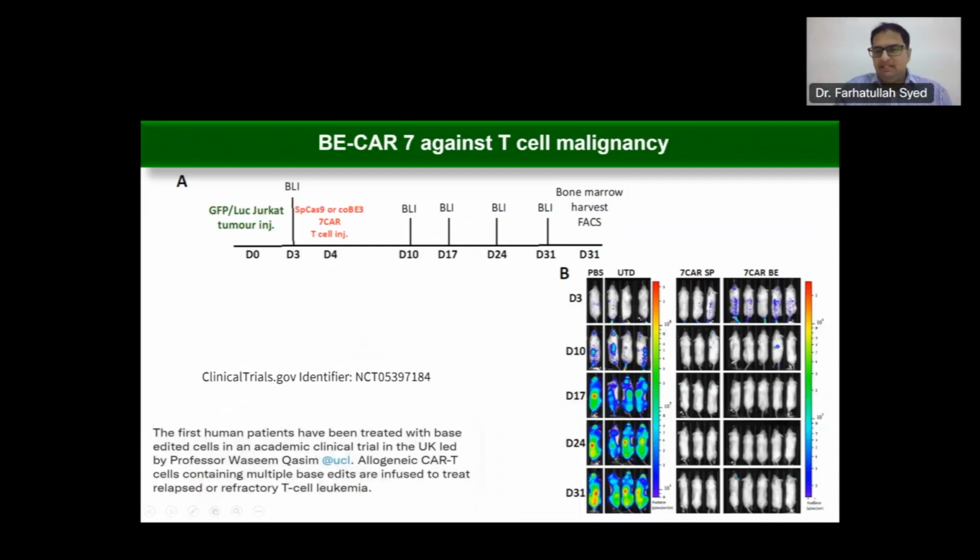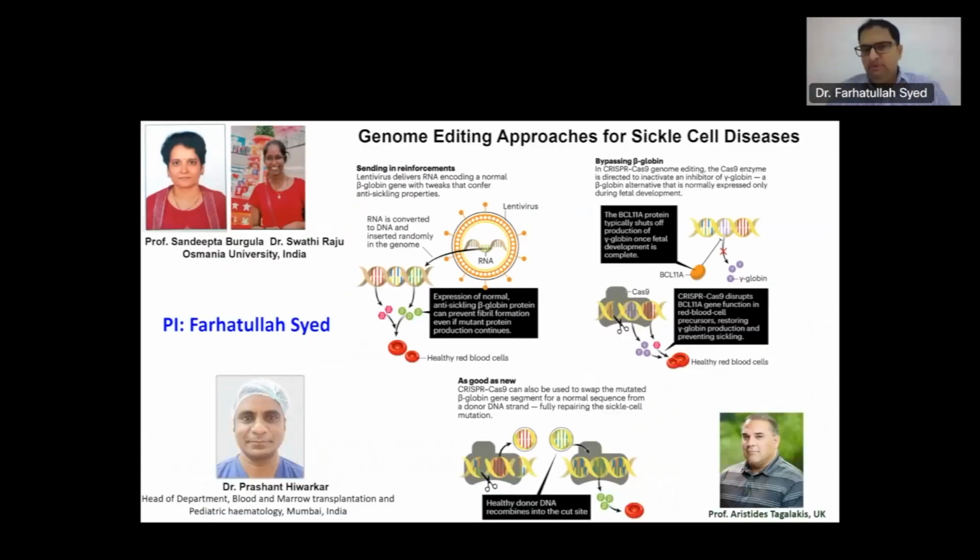You can see the mice clearing the tumor. Because of the time, and as Dr. Haider already mentioned, these genome editing technologies can also be used for other diseases. I'm collaborating with a couple of people in India, who are my good friends.